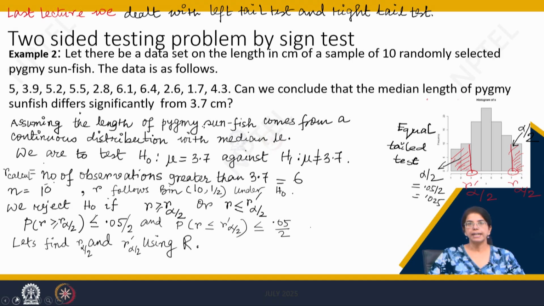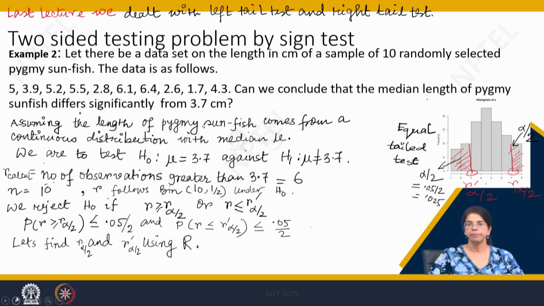So assuming the length of pygmy sunfish comes from a continuous distribution with median mu, next we are going to construct the null hypothesis and the alternative hypothesis. So what is the median? Can you see the median value under the null hypothesis?